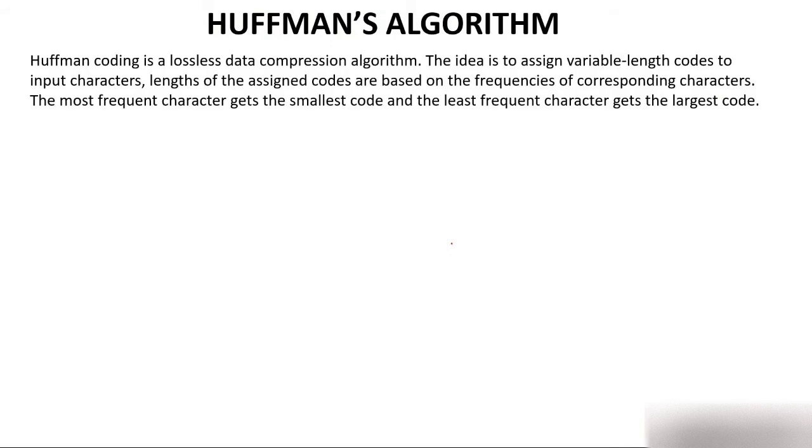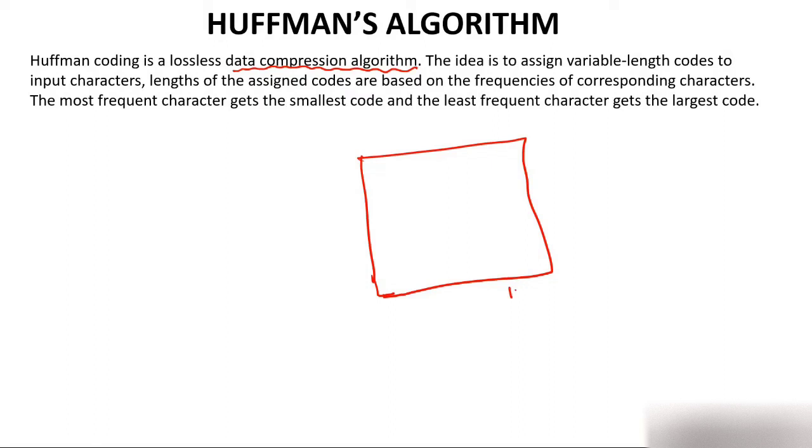Huffman algorithm, as I've already told in the first video, is used for data compression. Why data compression? Suppose you have a word file of 10,000 words and you want to compress this file. There are a few characters, a, e, i, o, which are very frequent.